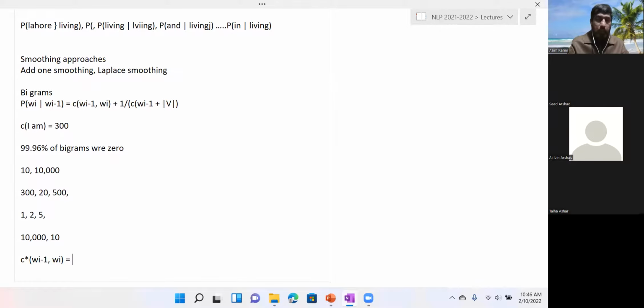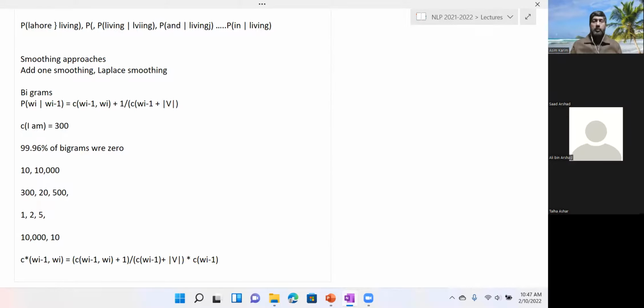This would be given by the probability that you computed previously, C(W_{i-1} W_i) plus 1, divided by, of course, what was in the denominator, C(W_{i-1}) plus V. And this whole thing you multiply with the prior, C(W_{i-1}).